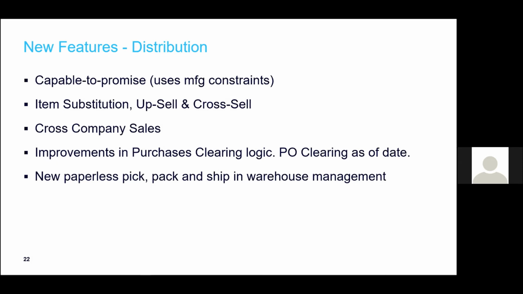And I say to the person on the other line, when can I get this? And because it's complicated, right? I've got to build it. There's constraints out there. When am I getting my material in? I have no idea. Basically you're going to hang up the phone and say, I've got to call you back, dude. Well, capable to promise in this system uses manufacturing constraints to figure out when you can promise somebody.